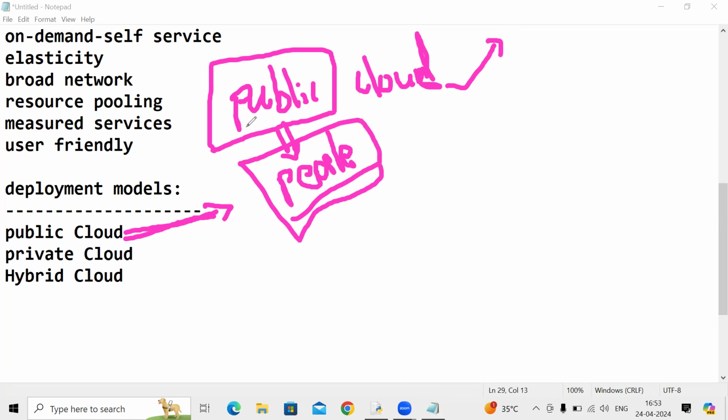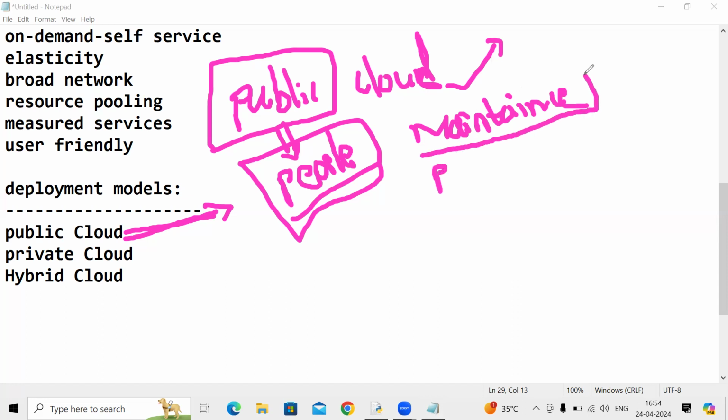In the case of public cloud, the maintenance and the recovery, suppose it gets any damage, it will be repaired by the public cloud's maintainers, those who take care of the public cloud.